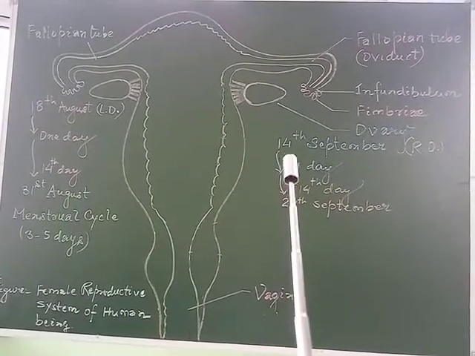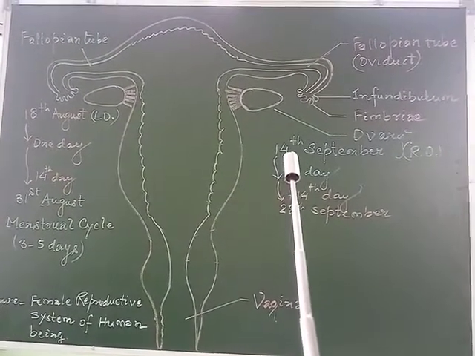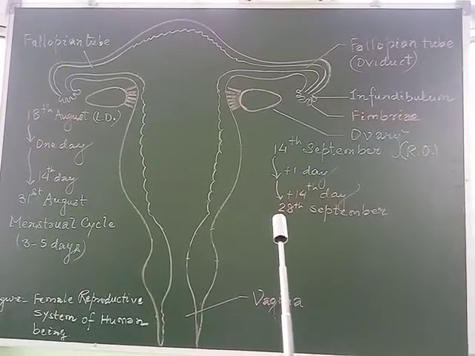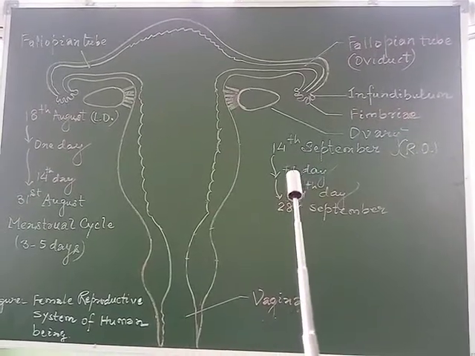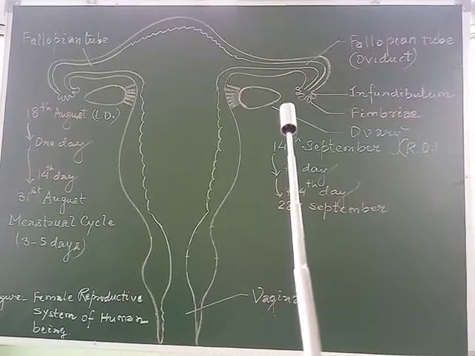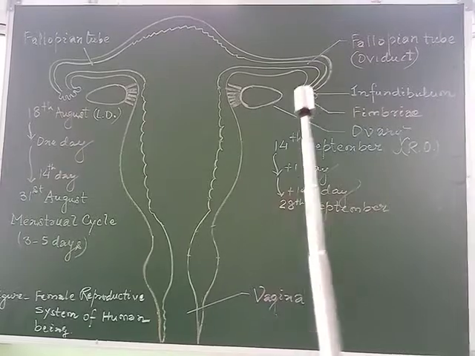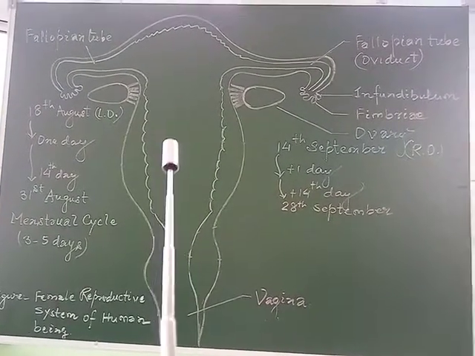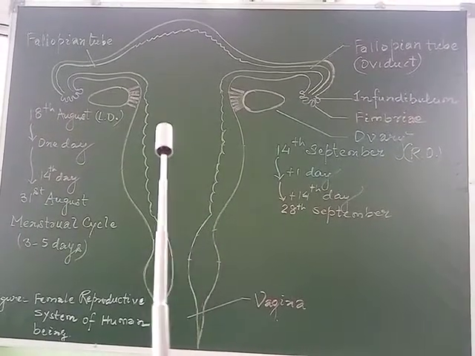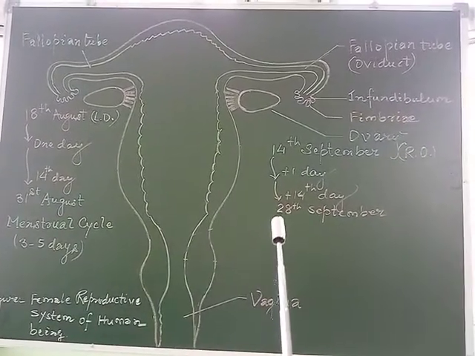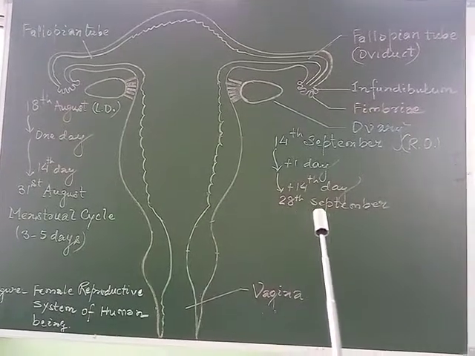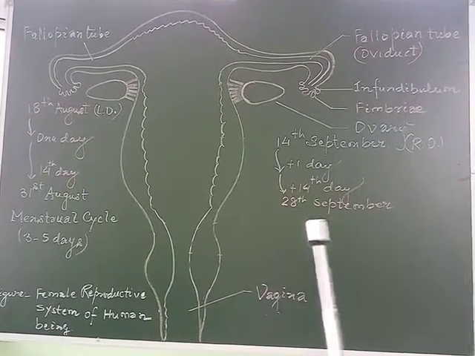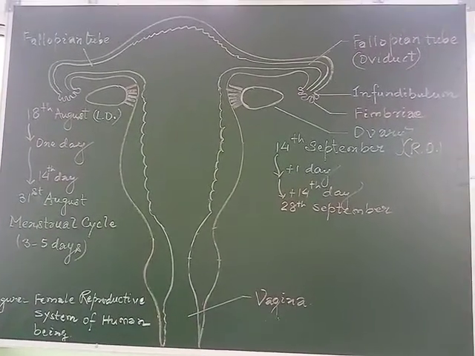Calculating from the 14th of September, around the 14th day, the ovum released by the right ovary disintegrates, and along with it the lining of blood vessels of the uterine wall is discharged around the 28th of September in the form of the menstrual cycle.